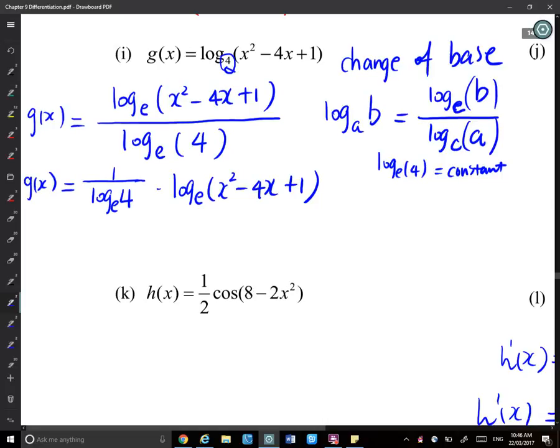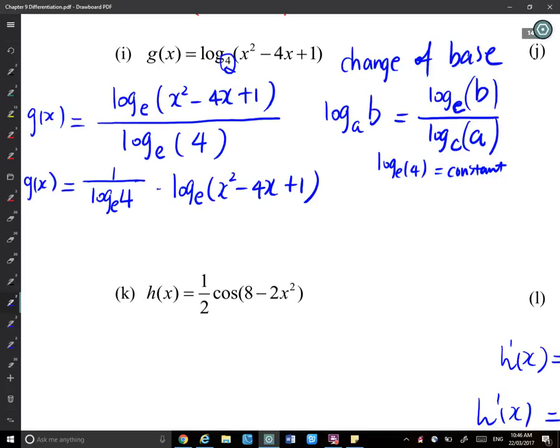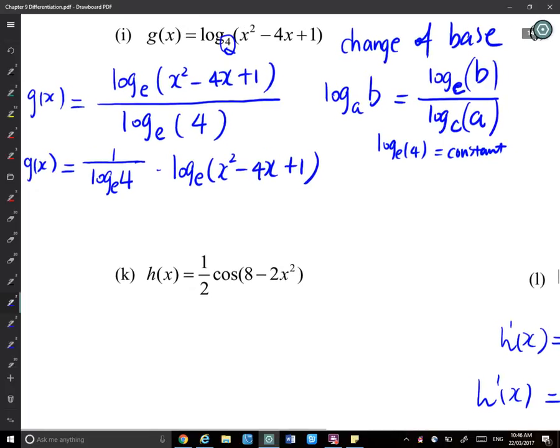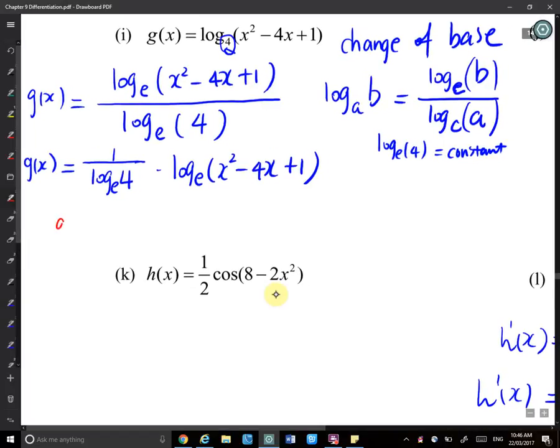So you will have coefficient 1 over log e 4. That's a number, like a constant, times log e x squared minus 4x plus 1. So now I want to derive it. I will find g dash x equals to, you will have 1 over log e 4 still, that's the constant, times derive that.